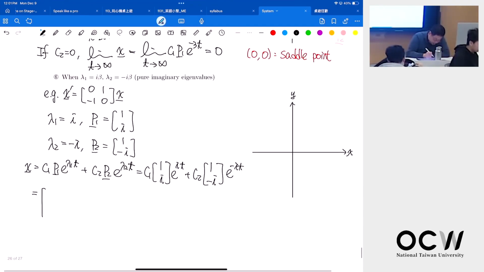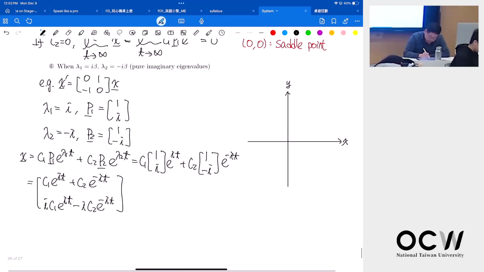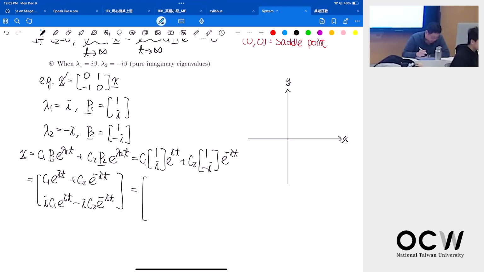So it is C1 e to the it plus C2 e to the minus it. Second row, i C1 e to the it minus i C2 e to the minus it. What is e to the it? Use the Euler formula.